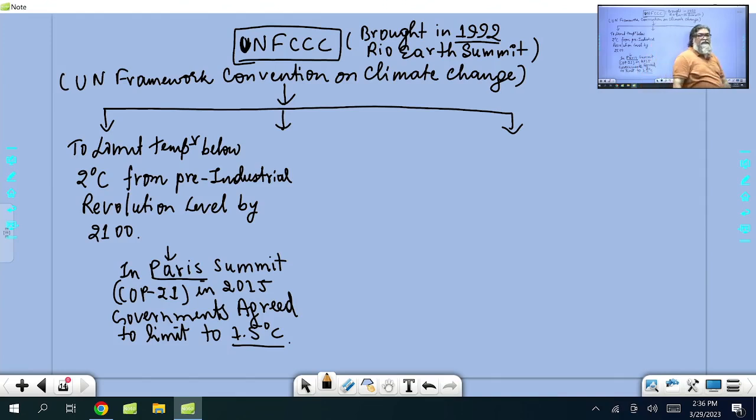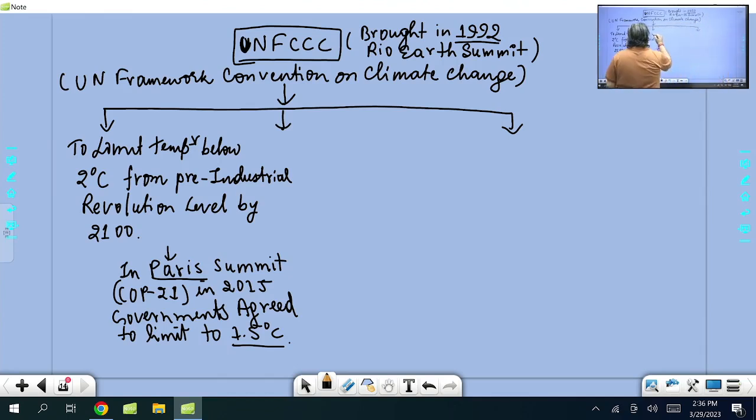In the Paris summit, governments came to a consensus that they will work towards achieving 1.5, which seems impossible. The IPCC, which is a UN body, is warning that this will not be possible, given the way emissions are.